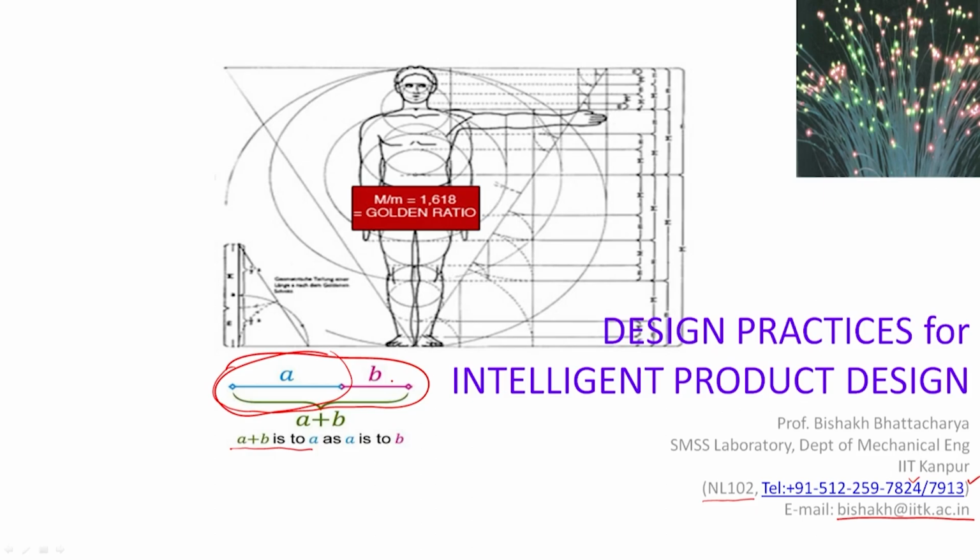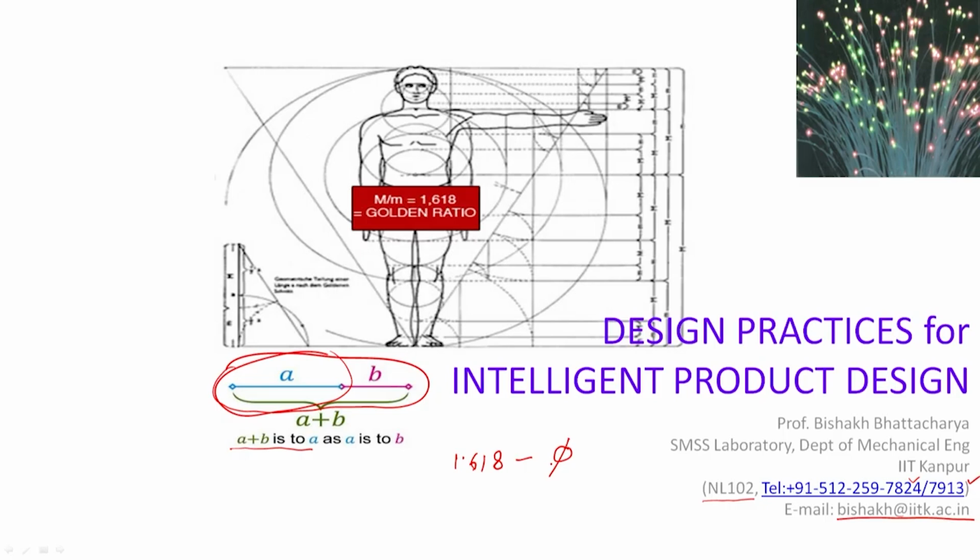If you follow this particular ratio, this will give us a ratio called 1.618. It is the golden ratio, usually known as phi in the community, and is available in the Fibonacci ratio also. This is something that guides most of the visually pleasing, aesthetically pleasing form design.